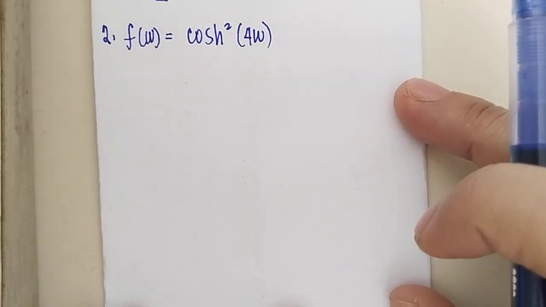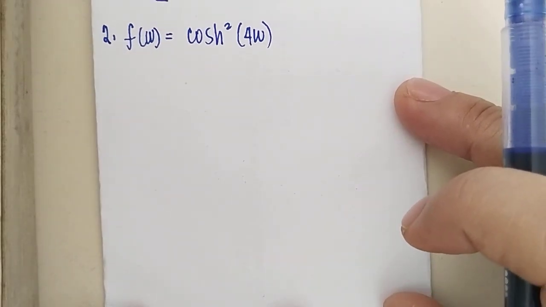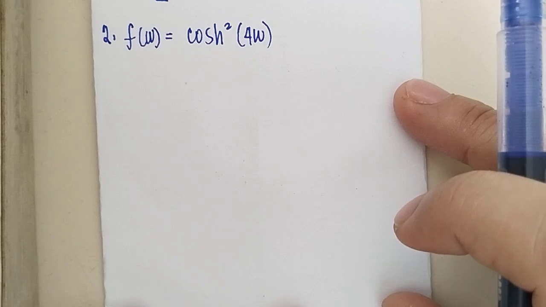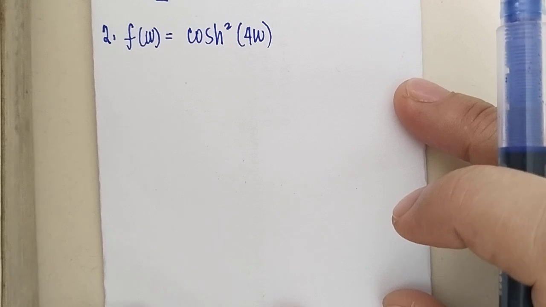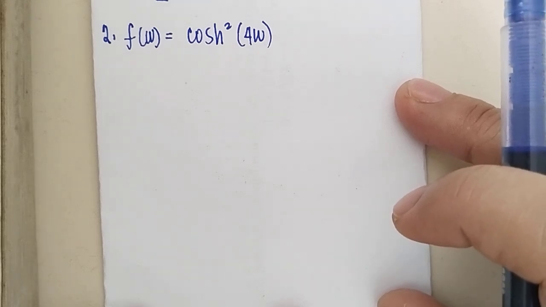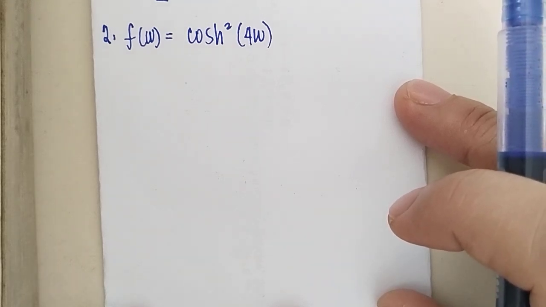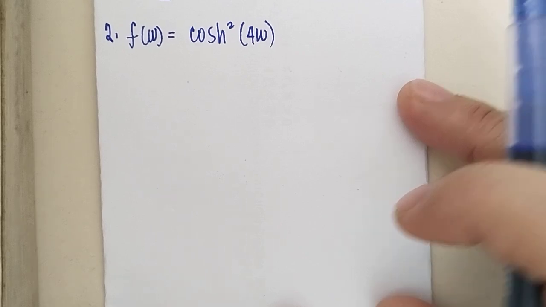Okay, for number 2, we have the function of w equal to the square of the hyperbolic cosine of 4w. Again, don't panic, because the treatment is just like x. We are going to differentiate number 2 with respect to w.